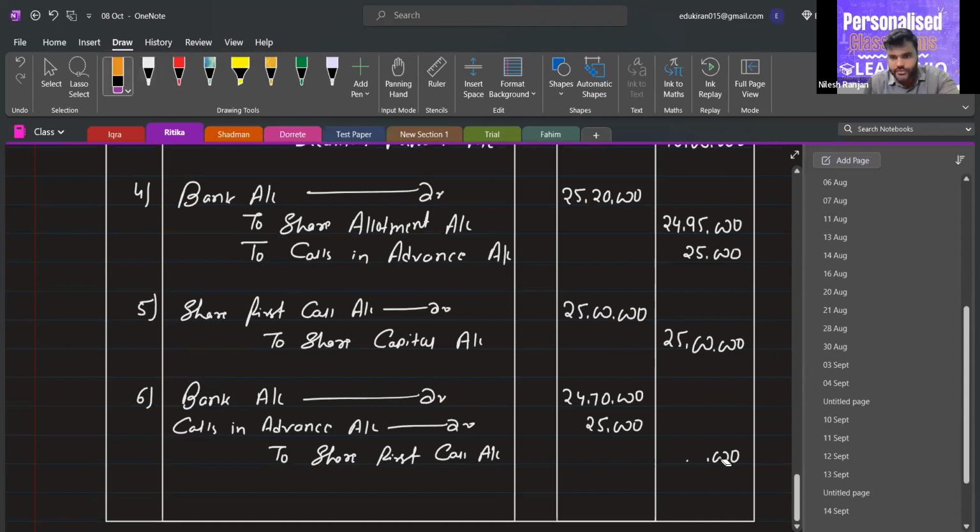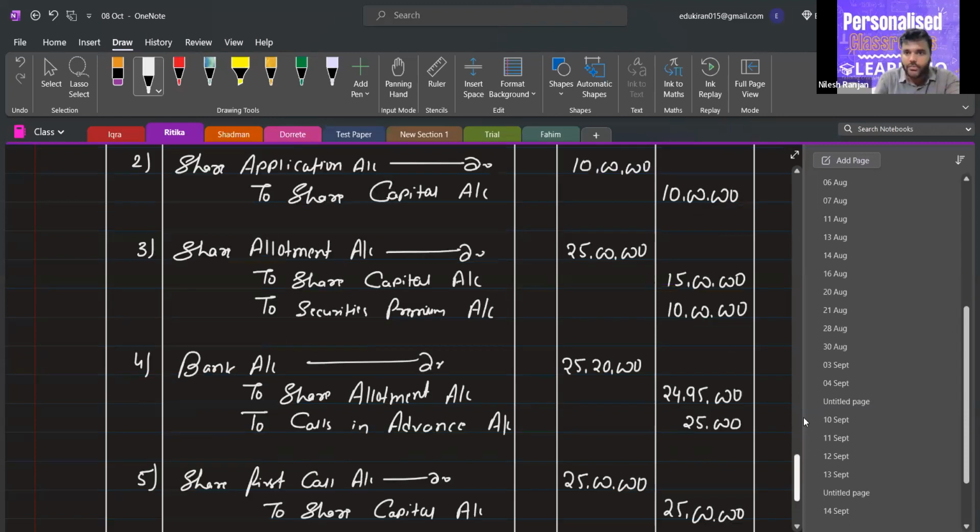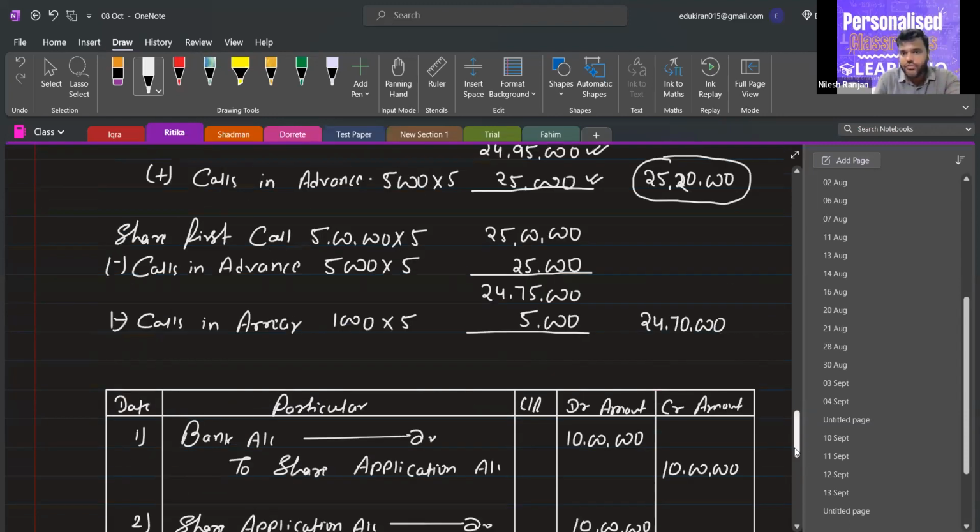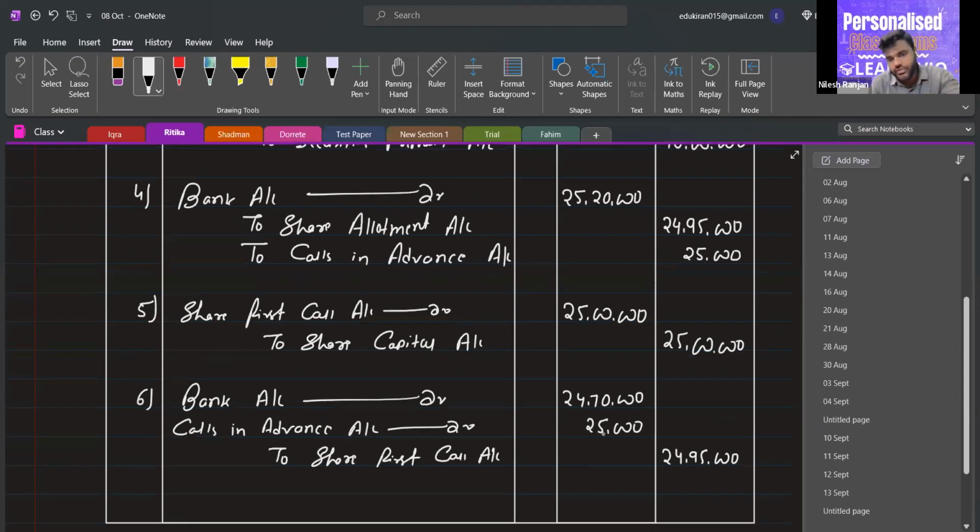It is not 25 lakh, it is 24,95,000. Actually, I wrote it first, that's why it is incorrect. You have to write bank account first, because you have calculated the amount 24,70,000 and you have received 25,000 as calls in advance. So the total of these two will be written here. Okay, sir. So this is our portion for premium, calls in advance and calls in arrears together.